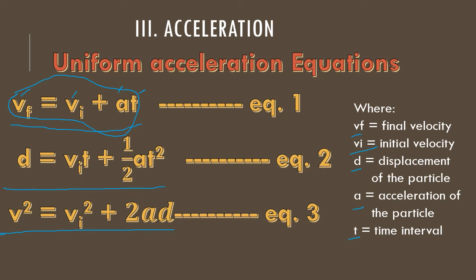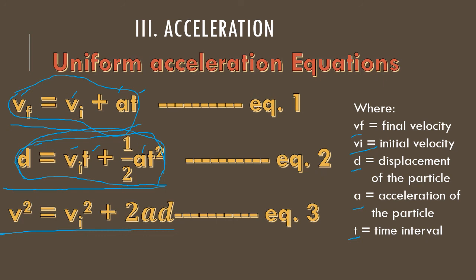So, kung ang given naman ay initial velocity, distance, time, acceleration, so ito naman yung gagamitin natin. So, kung makikita nyo, wala rito yung final velocity. So, kapag walang final velocity at ito yung mga hinahanap, so pwede itong gamitin.